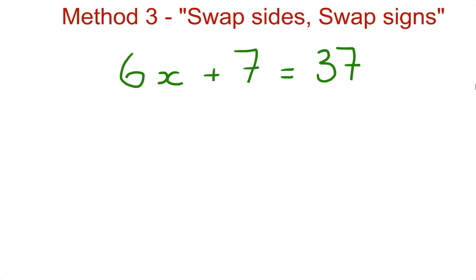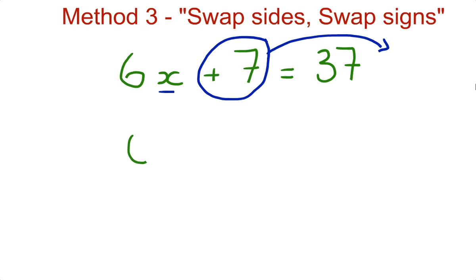Method 3, here we have 6x plus 7 equals 37, and we're going to do what's called the swap sides, swap signs. Again, we want to get x on its own, so the first thing we're going to do is pick up this 7 and swap sides. So we've now still kept the 6x there, we've still kept the 37 in its usual place, but the 7 has now come over here.